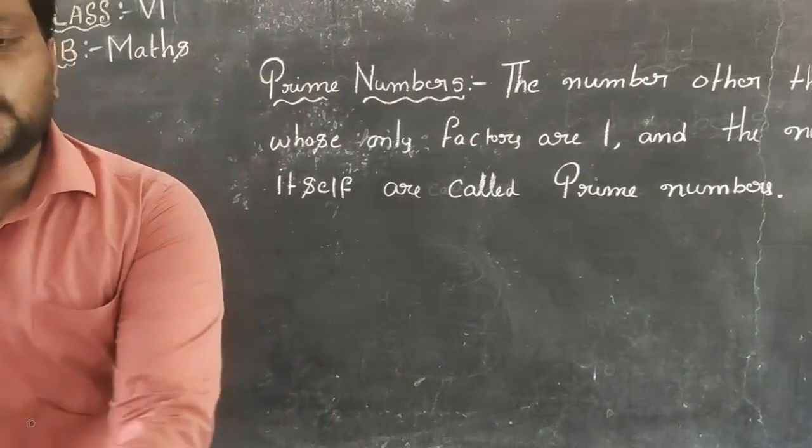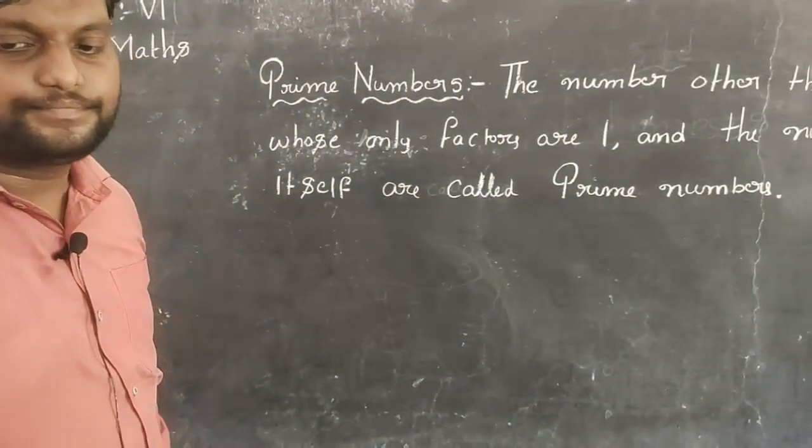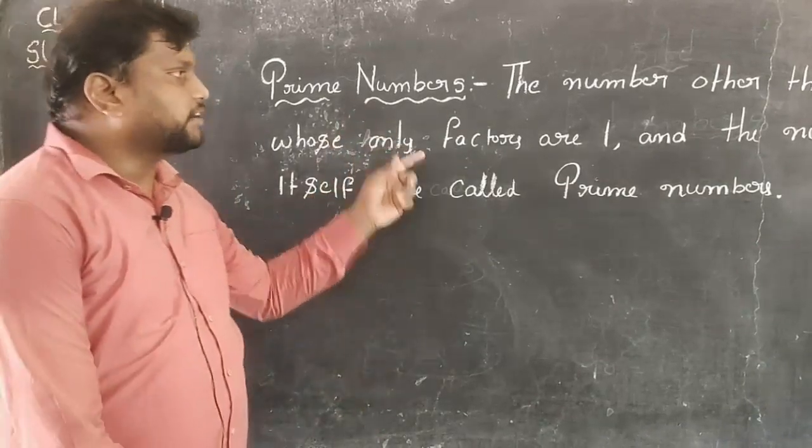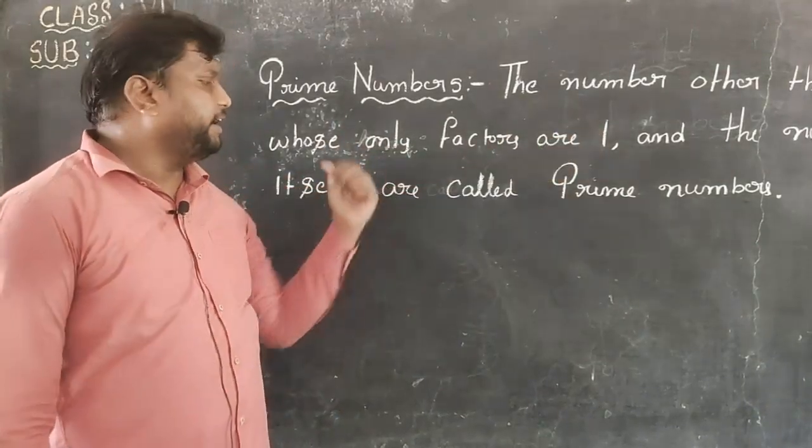See, these are the prime numbers. The number other than 1 whose only factors are 1 and the number itself.